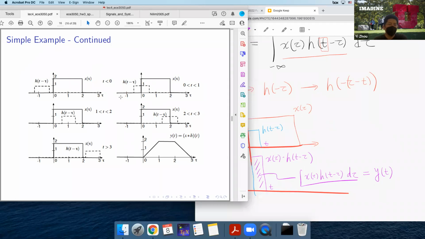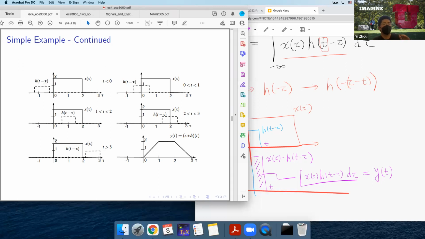for visualizing the entire convolution signal. So the first 5 figures illustrate the convolution between x and h at different time t. And the final signal plots the entire convolution signal, y of t, over the entire range of t. So we can look at each figure. The first figure corresponds to the case where t is pretty negative.